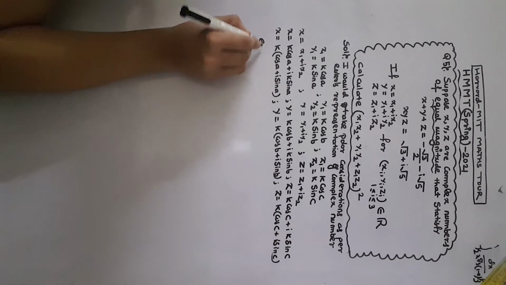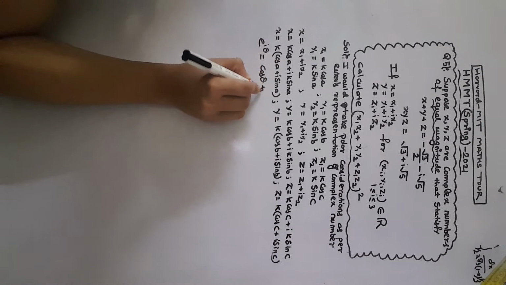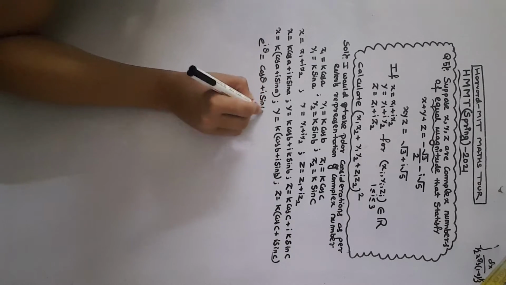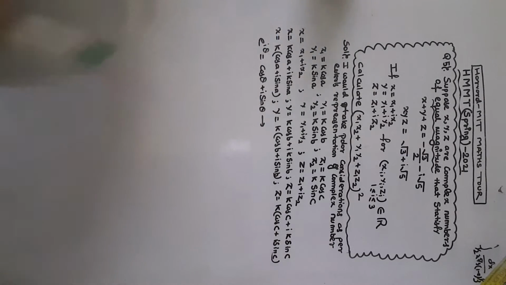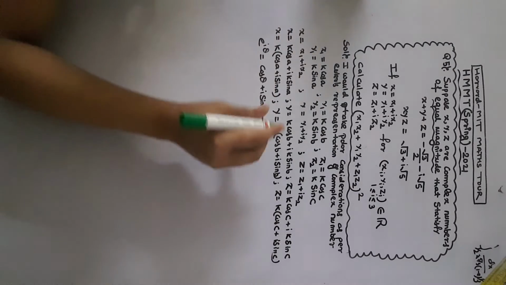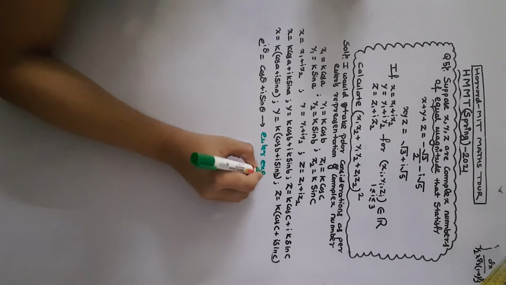And we all know that as per Euler representation, we can write this thing. This expression is extremely important to link complex numbers with trigonometry, so we call this Euler's expression.